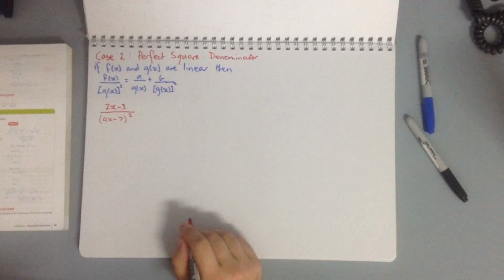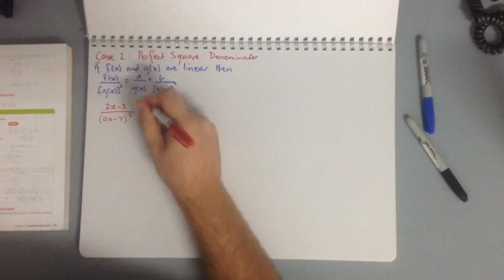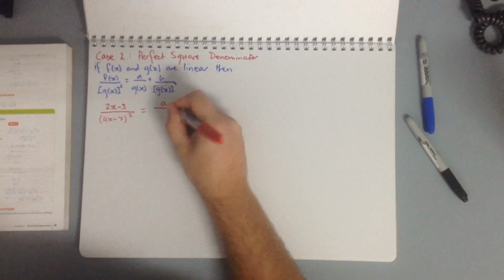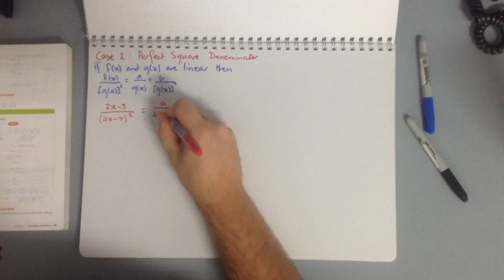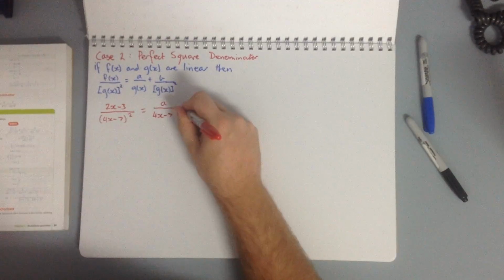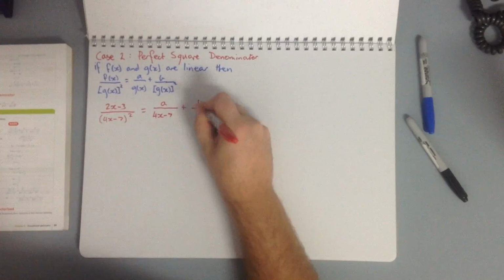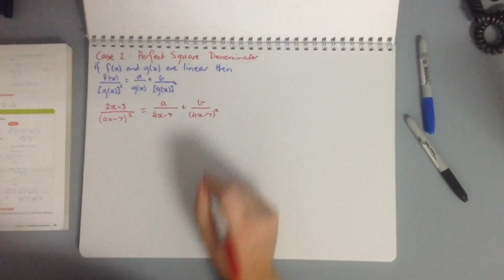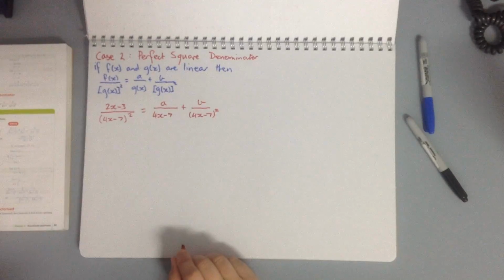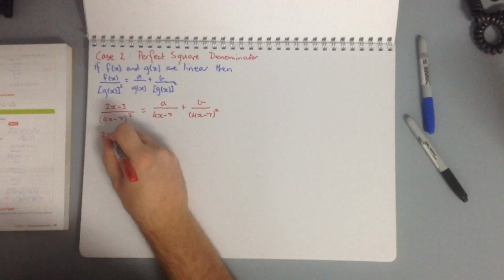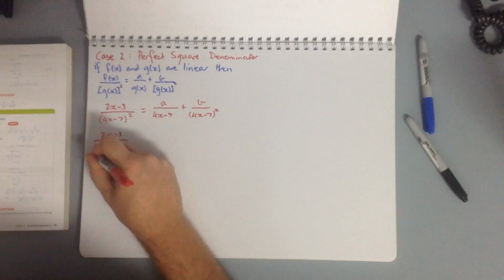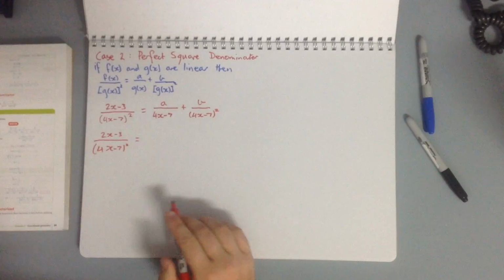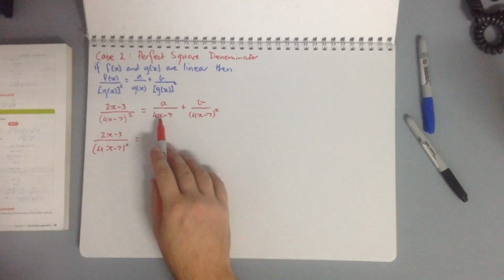Okay, so again, what we do is we set this one up by using this idea. Okay, that we have a over 4x take 7 plus b over 4x take 7 squared. Okay, so this one's a little bit different. Okay, because then we can say, well, 2x take 3 over 4x minus 7 squared, well, that's going to be, now, we want to add these fractions together.